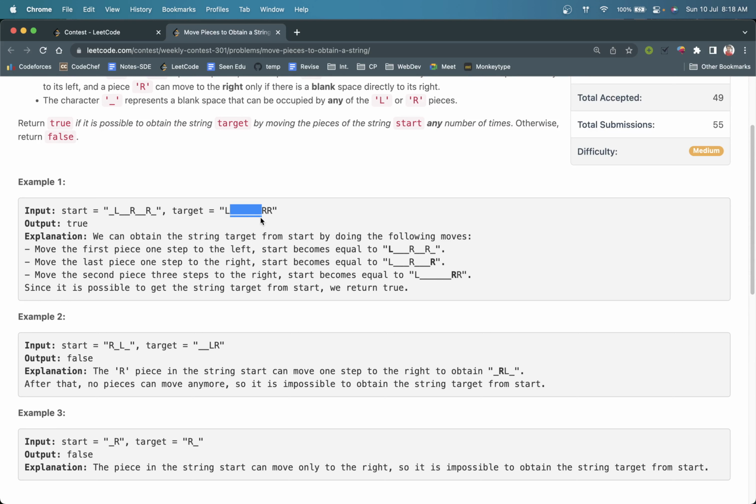I separate them as moving L to the left and R to the right. There is L on this side and R on this side, so the difference of gap between L and R should be... First I'm trying to check the subsequence. Okay, the subsequence matches.